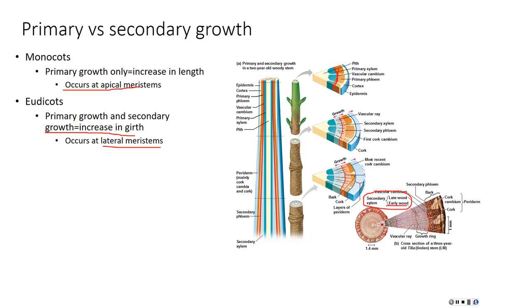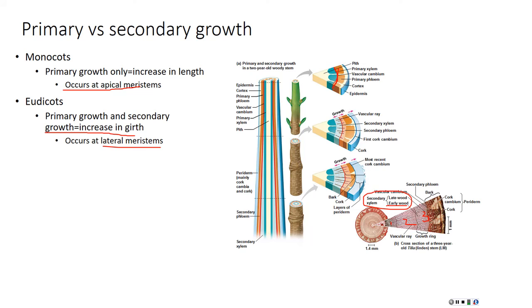Later in the season, in the summer where water is more scarce, the secondary xylem is much more narrow in diameter, so it appears darker. And this layering of light and dark secondary xylem makes up that annual growth ring. So we could look, and we start here, and we could say there's 1, 2, 3 annual rings, so this is a 3-year-old stem.